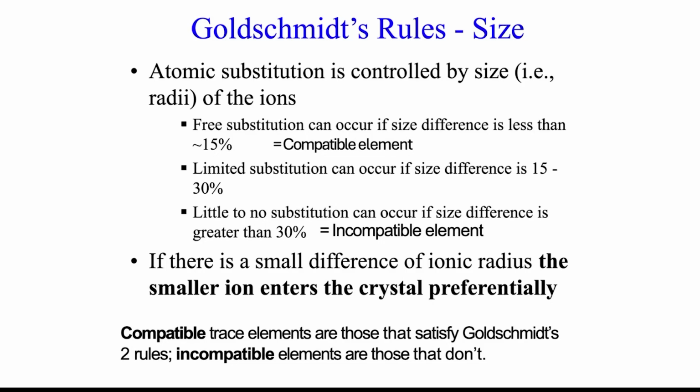So if we think about a solution precipitating a mineral, let's imagine it's sphalerite, zinc iron sulfide, things like copper can substitute and may be compatible, but things like silicon can't. So compatible and incompatible refer to the elements of interest and the minerals of interest.